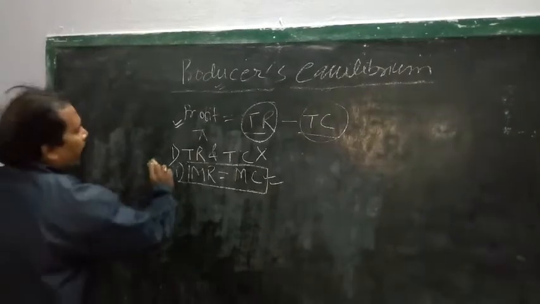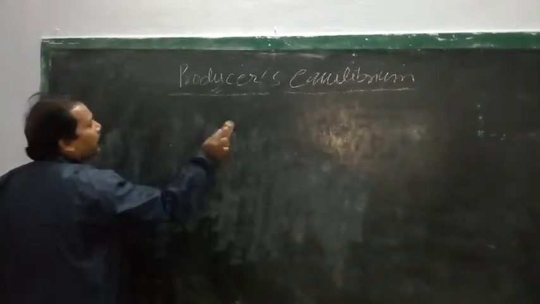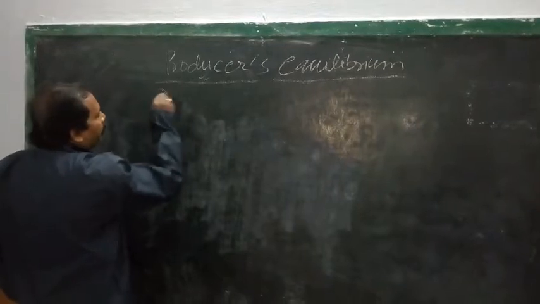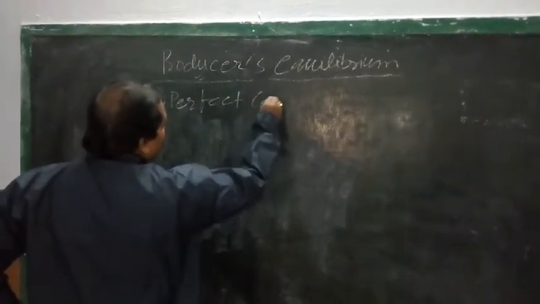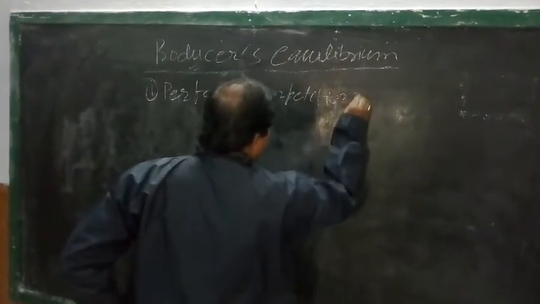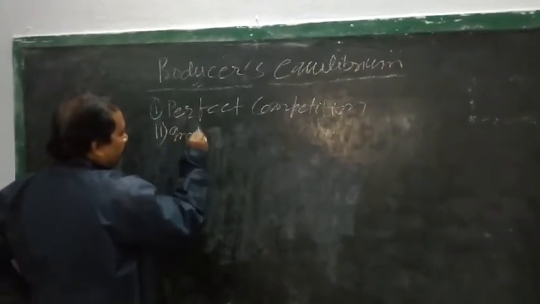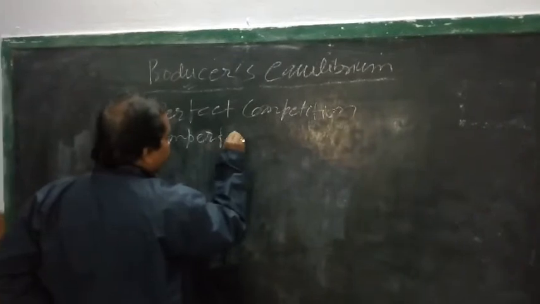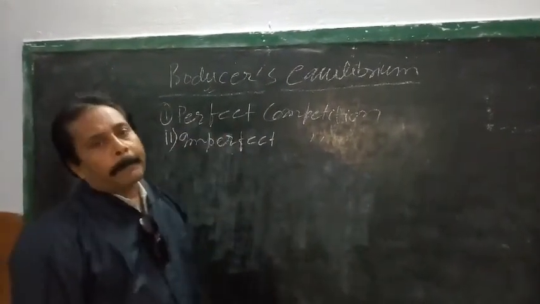As we know, there are two kinds of market. One is known as perfect competition and the other is known as imperfect competition. First, perfect competition.